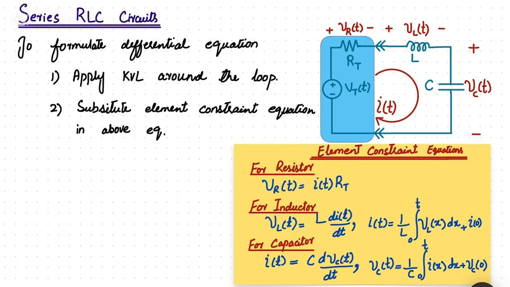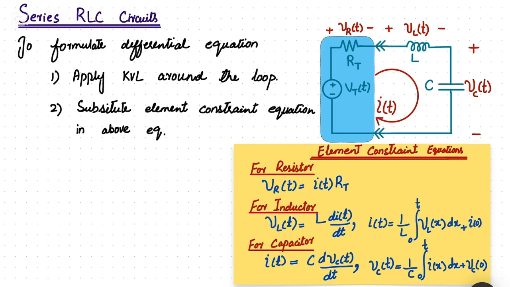How to write the differential equation of such a circuit? We have already checked in our previous lectures that the procedure to write the differential equation involves two steps. First step is to apply the KVL or the KCL equation for that circuit.